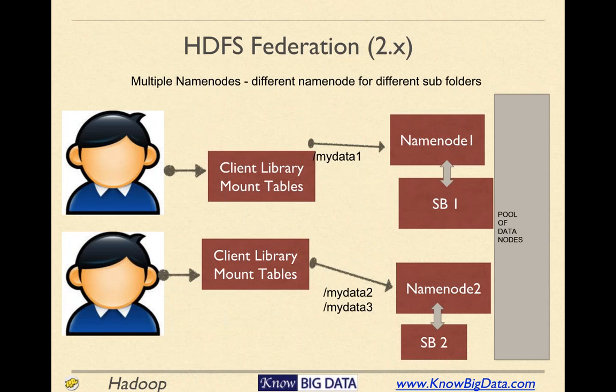The next topic which we discussed was mount tables. When do we use mount tables? Sometimes our file system becomes so huge that the metadata of that file system is not fitting into the memory of one name node. So one name node is not able to handle the memory related to one big file system.